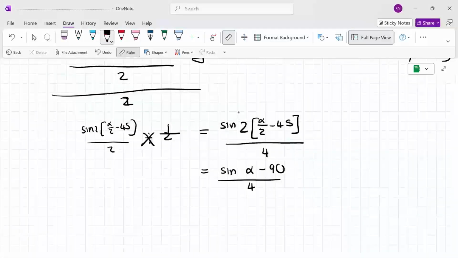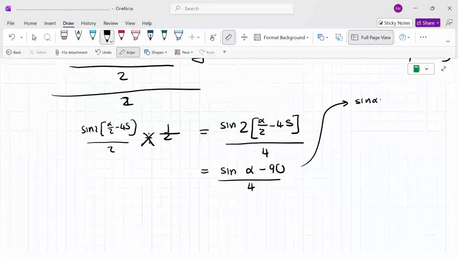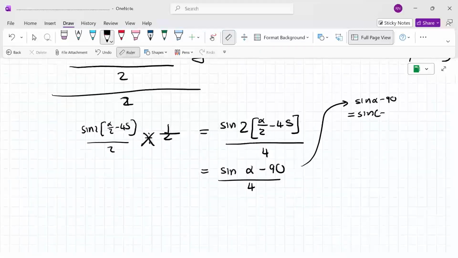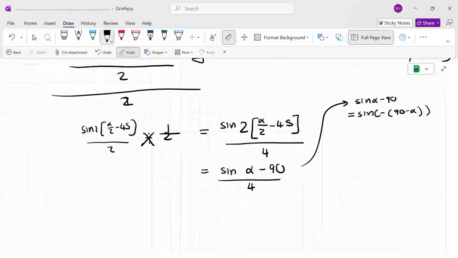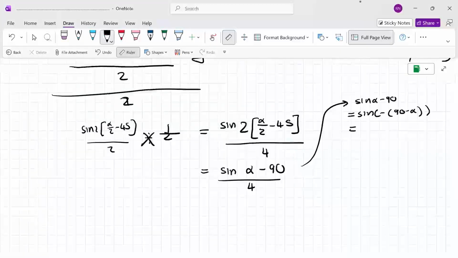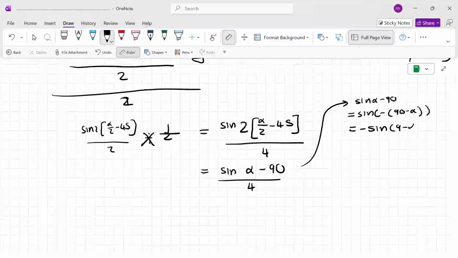Sine of alpha minus 90 can be rewritten as sine of negative 90 minus alpha. I'm just taking out a negative, right? And we know that the sine of a negative angle is just negative sine of 90 minus alpha.